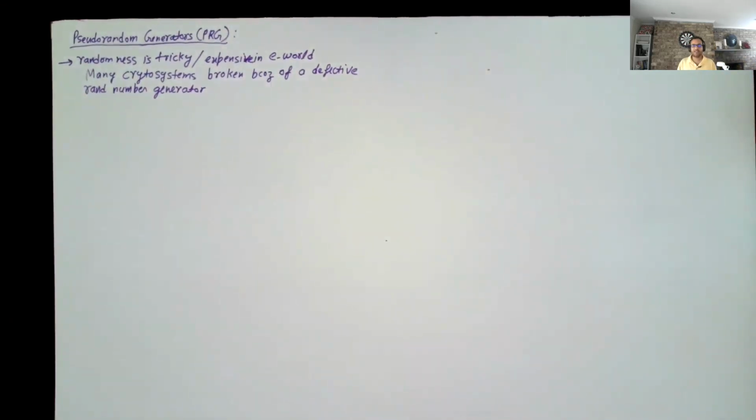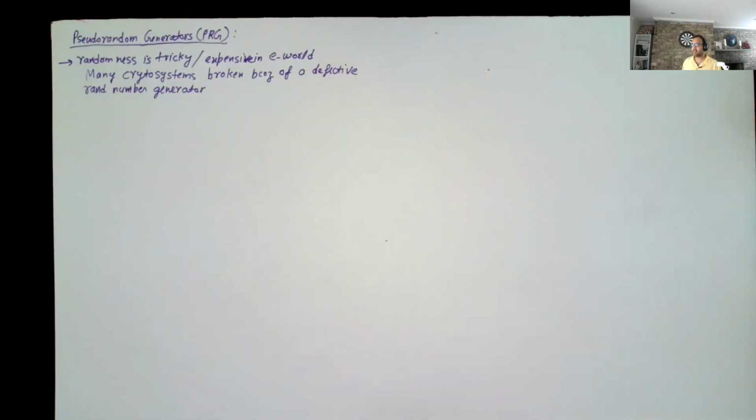And the point is that in cryptography, randomness is everything, right? I generate my secret key at random. If an adversary can guess my secret key, then there's just no hope to get any kind of security whatsoever, right? So randomness and keeping randomness secret and private in some sense is very important in cryptography, but it can be tricky. So what can we do, right?